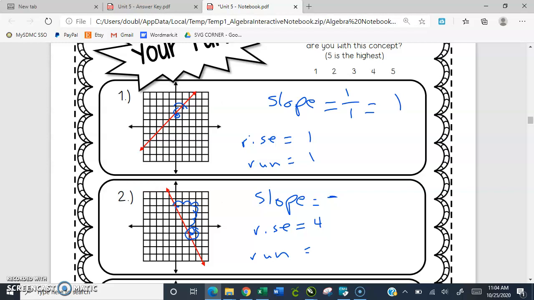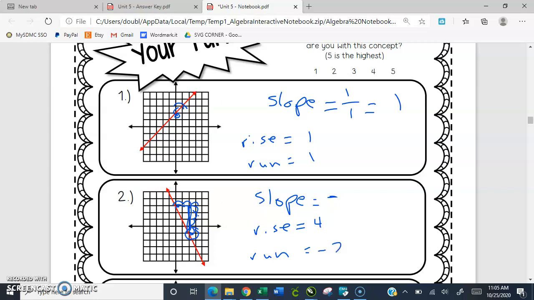Let me see. Let me back up. Looks like I did something wrong. I did do something wrong. I went over entirely too much. So here's the line that we're on. So we went up 4. Okay. And then we just went over 2. So 1, 2, not 3. So we went left 2.